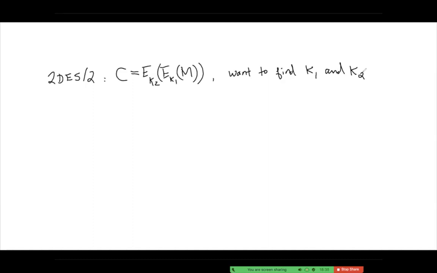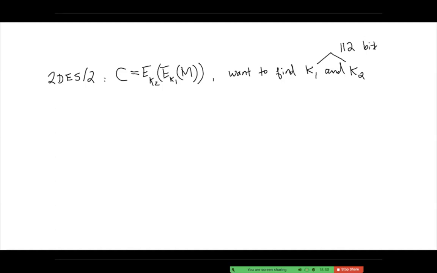So we hope that K1 and K2 can substantially increase the brute force attack difficulty because you're combining these two keys, you get a 112-bit key.